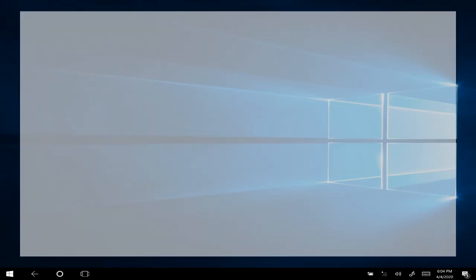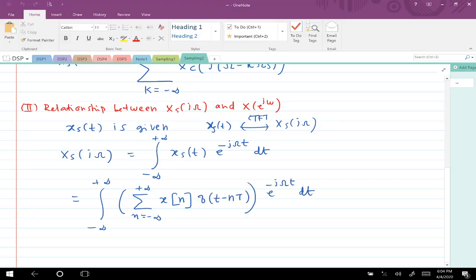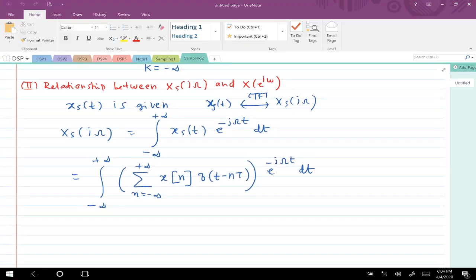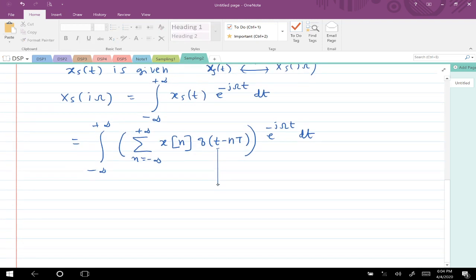So pay attention here. This delta of t minus nT is non-zero, only then it has a value. That means this t has to be equivalent to nT, only then you have a value there.